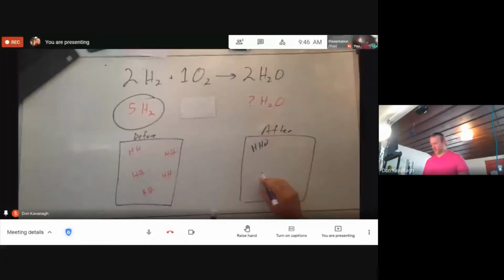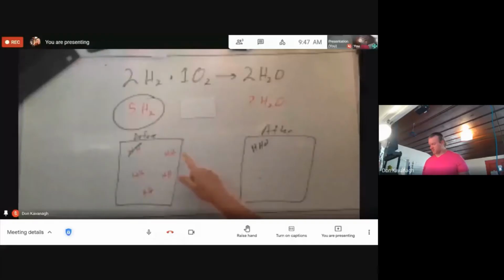Let me draw some of the afters and cross things out. H2O: if 1 water is produced, that's going to consume 2 hydrogens. I still have 4 left. Another H2O is going to consume another pair.